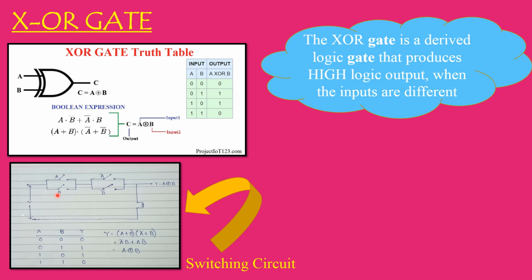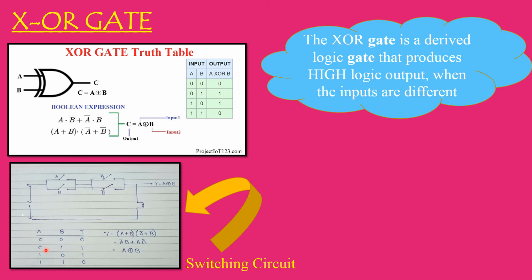When B is closed, B bar would be open. So when A and B are 1, that is the switches are closed, your A bar switch and B bar switch will be open. In other words, you'll have a break in the circuit, so it will act as an open path. So you don't have your load glowing, and even for this condition you will have a low logic output.